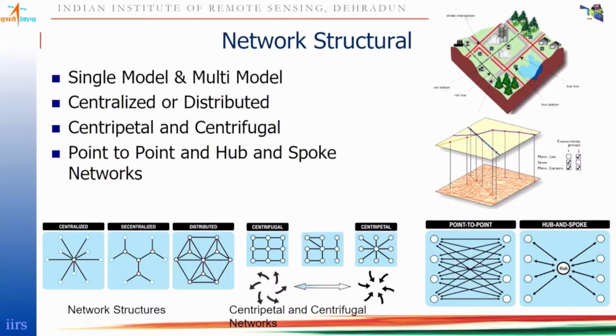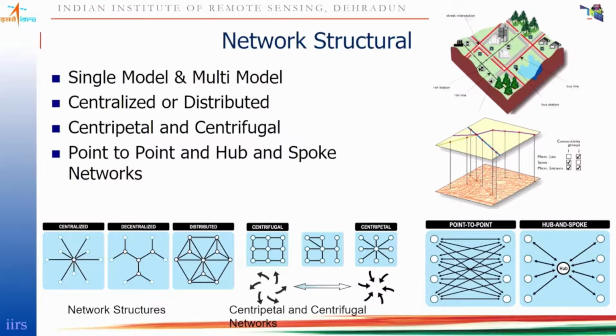In those cases, you can say it's a centripetal flow. Similarly, there may be a traffic flow from the inner ring to the outer ring and so on. That gives the characteristic that if you are able to handle or manage the network flow at the bottleneck or at the centers, then probably you will be able to manage the whole network. So that's the characteristic which can be used.